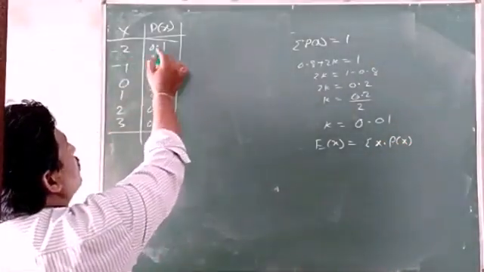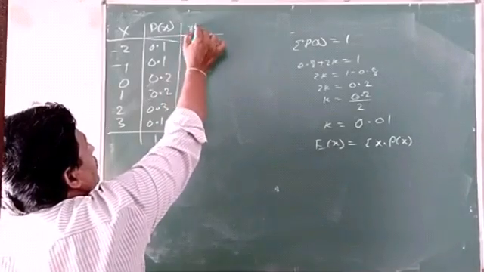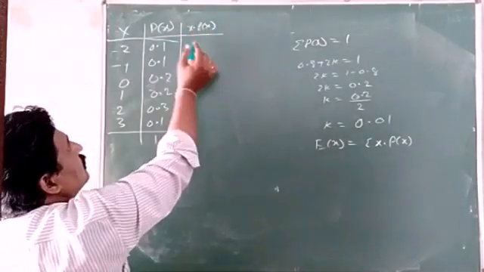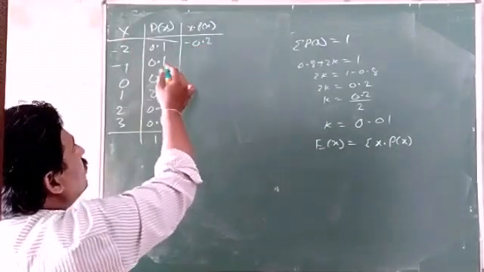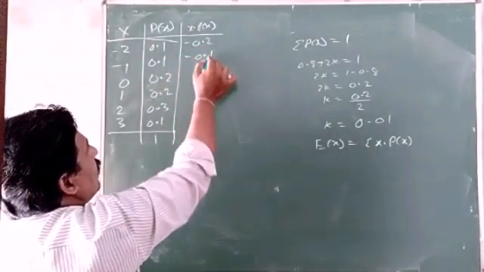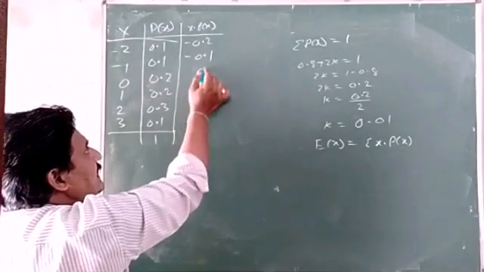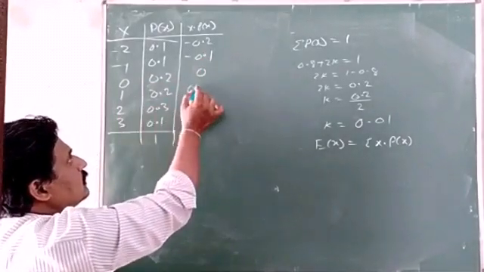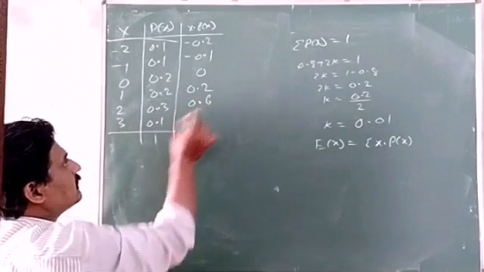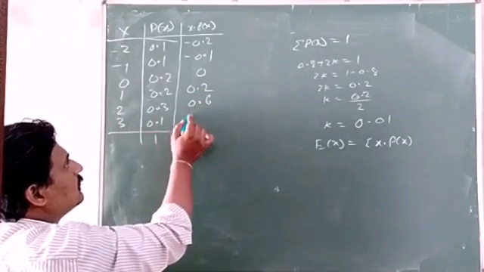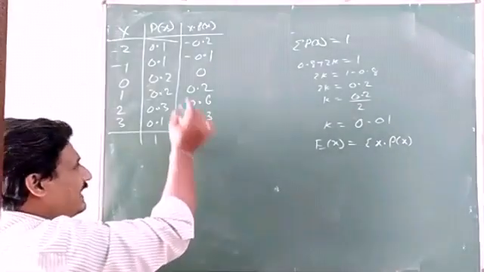So x into P of x. So -2 into 0.1 is -0.2. Minus 1 into 0.1 is -0.1. 0 into 0.2, 0. 1 into 0.2, 0.2. 2 into 0.3, 0.6. And 3 into 0.1 is 0.3.